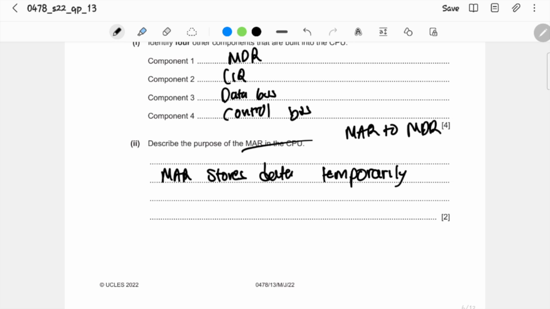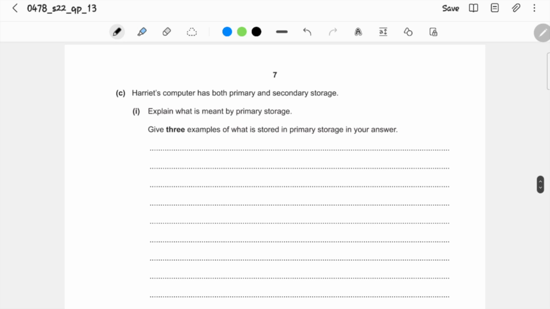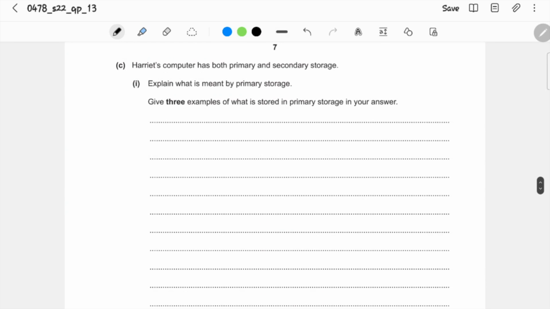PC to MAR to MDR. Anyway, that's not relevant. MAR stores data temporarily, and then it is collected by the address bus. So it's PC to MAR, and collected by the address bus. And then it goes to the MDR, right?